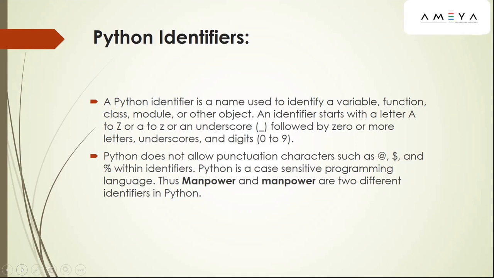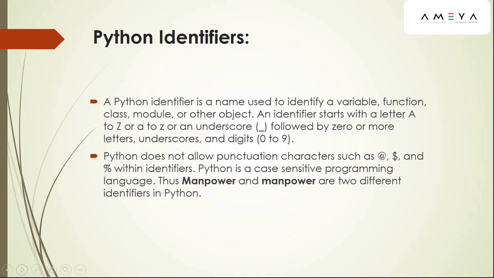Python does not allow punctuation characters, which are special symbols such as at, dollar sign, and percentage, within identifiers. Python is a case-sensitive programming language. Thus, Manpower and manpower are two different identifiers in Python. Case sensitive means that here you saw Manpower.